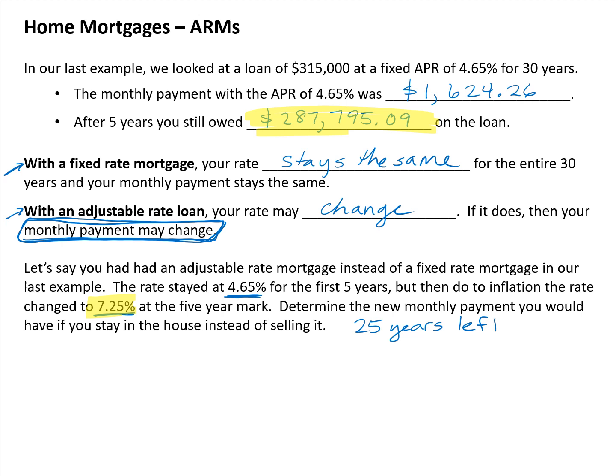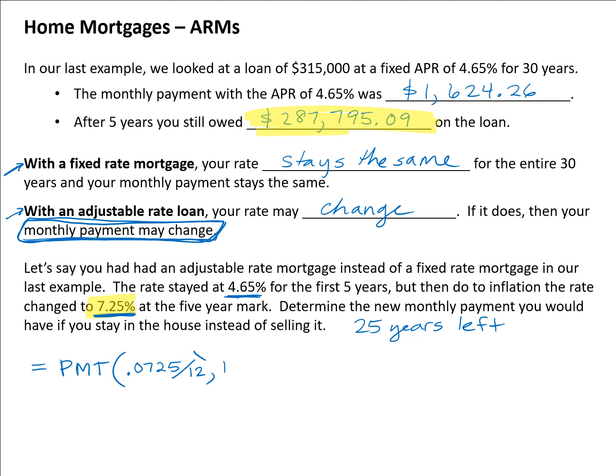So let's use the payment formula to recalculate what the bank would start to charge you if the interest rate changes to that 7.25. Well, we start with equals PMT, and put the interest rate in. This new interest rate is 0.0725. We're still paying monthly, so that's divided by 12.